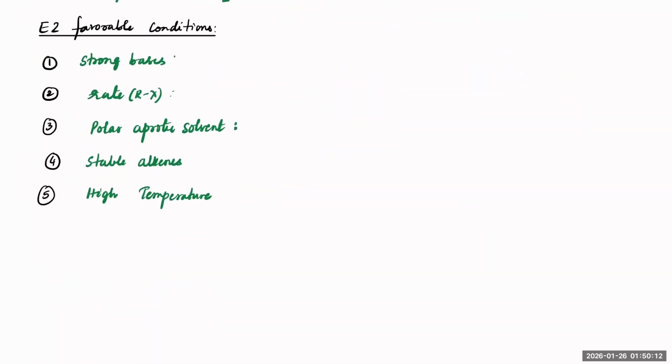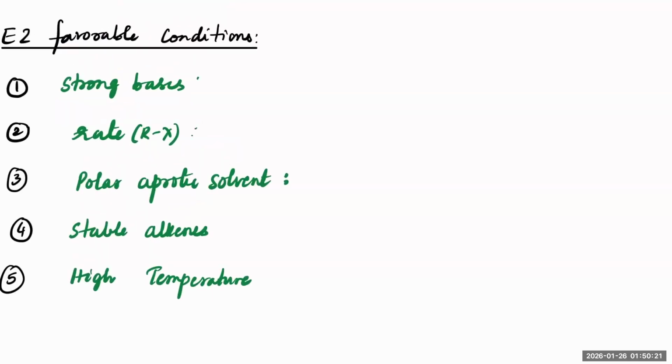Notice what all things we learned. When it comes to E2, what are all the important cases? First, we always expect it is more feasible in strong bases like RO minus. Then we have tert-butoxide, always E2, NH2 minus, always E2, OH minus, always E2.